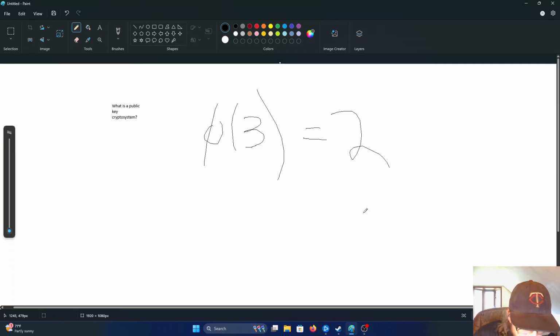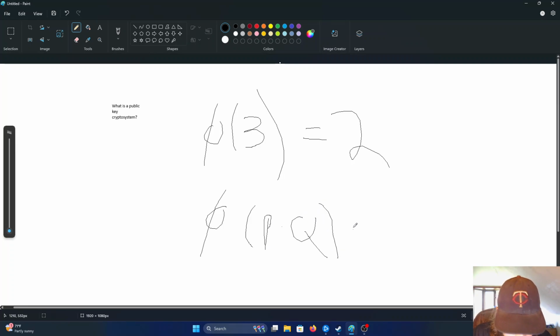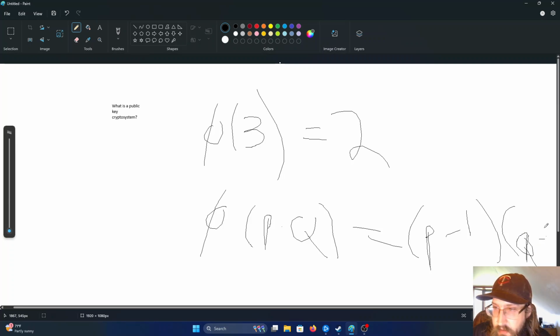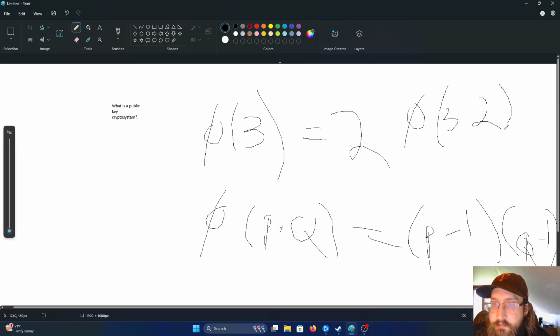And if p and q are both prime, and p is not equal to q, then Euler of p times q is equal to (p minus 1)(q minus 1). So let's take Euler of 3 times 2, which is equal to 2 times 1.